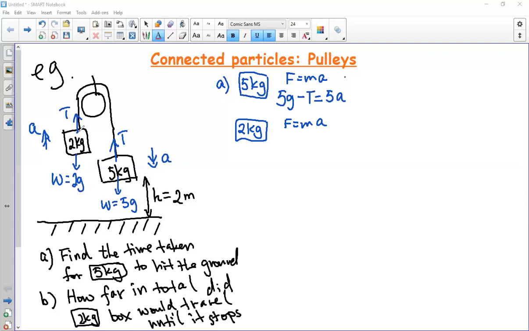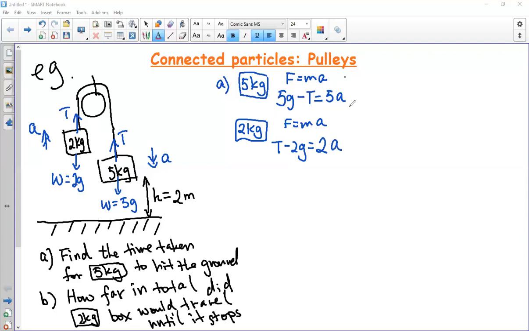So T is going upwards, so T is positive, and the weight is going downwards, so weight is negative. So I'm going to use T take away 2g, and that equals ma, and m is the new mass, which is 2. But remember, the acceleration is the same, so we can use a.